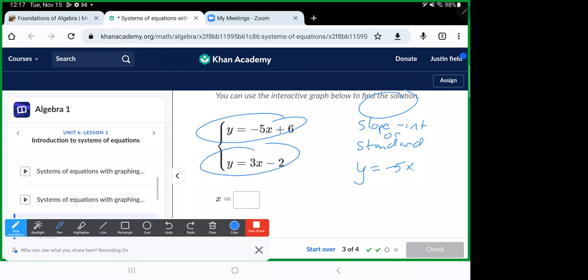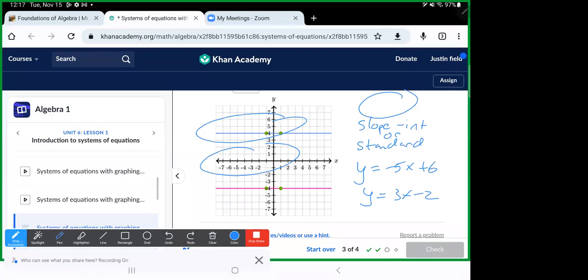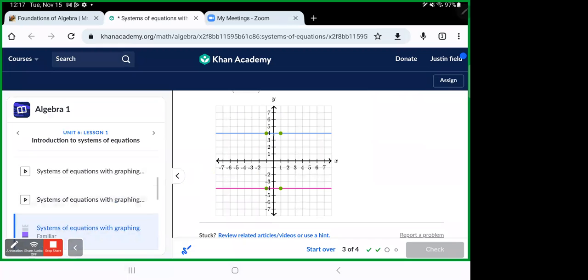So we're going to use our slope-intercept strategy. And I'm just going to write them down, so when I scroll down, you can see it. So, all right, we got negative 5x plus 6. So when I graph that, I'm going to put a 6 there.